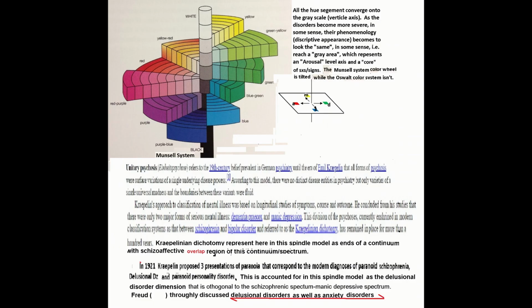So this is the color spindle from Munsell's system, and the advantage of this is his system has a tilt in the diagram, the horizontal aspect of this diagram, but what this shows you is that they all run into this gray area. And so like the yellow would be manic depressive disorder, and the blue down at the bottom would be schizophrenic disorders.